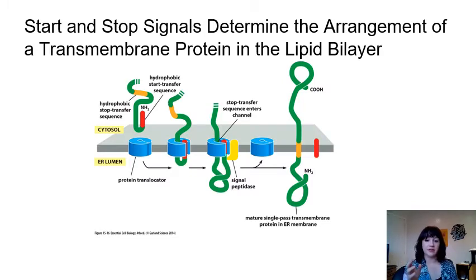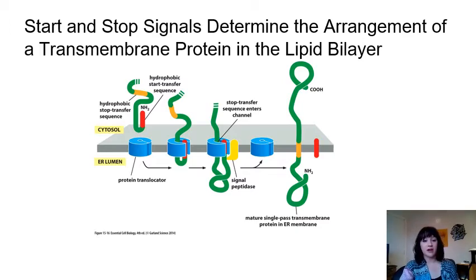It recruits that signal peptidase. The signal peptidase cuts off the signal peptide, or the start transfer sequence, and then the translocator leaves, and now we have a protein that's only been partially translocated across the membrane. This is a transmembrane protein, in this case a single pass transmembrane protein.